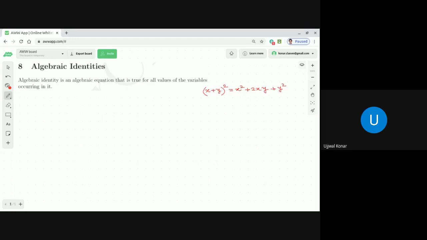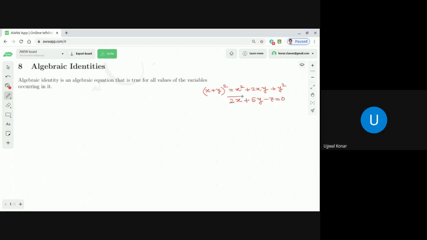So for example, you apply x equal to 3, y equal to 4, find the value of the left hand side. Whatever you get, you will get the same value in the right hand side, and that is why it is called an identity. Whereas an equation is different. Suppose I write something like this, 2x plus 5y minus 7 is equal to 0.